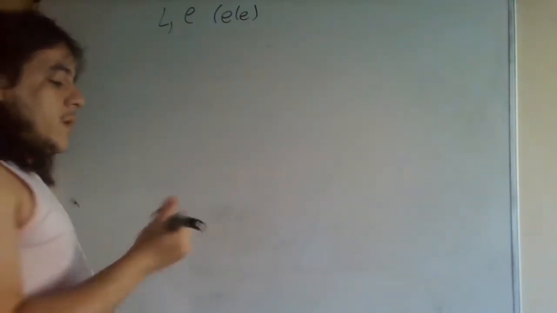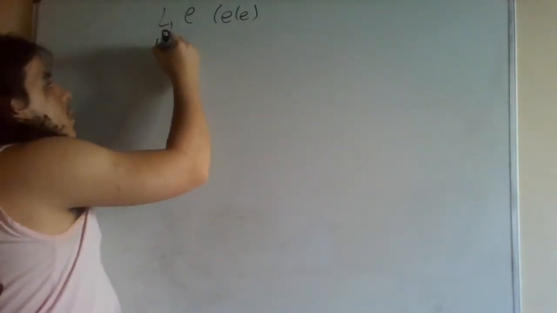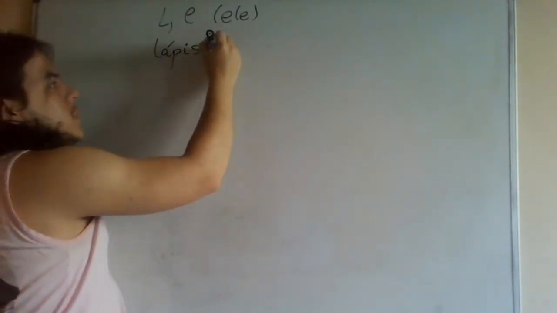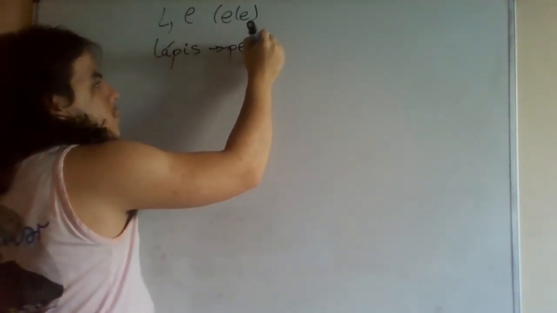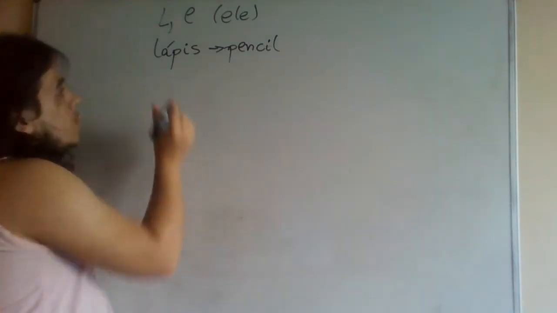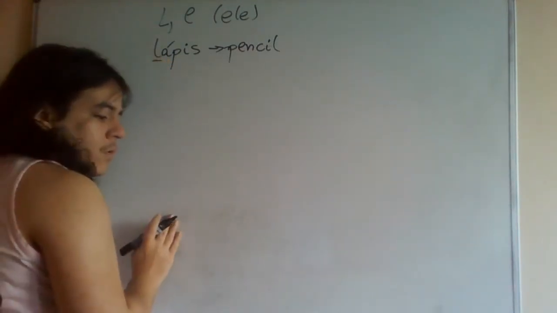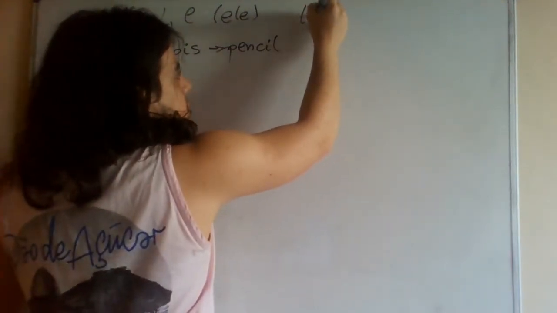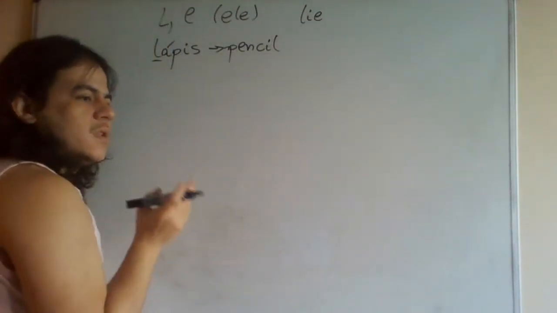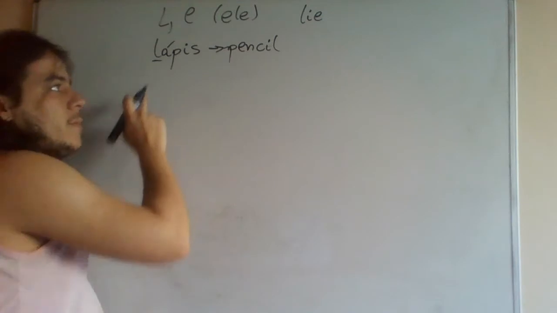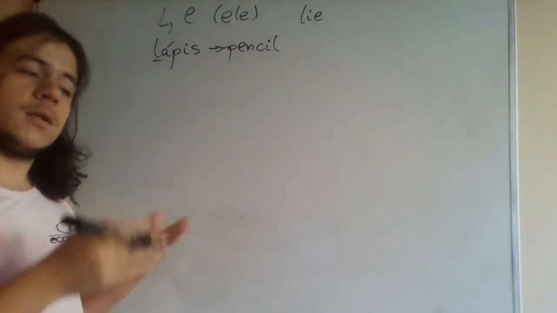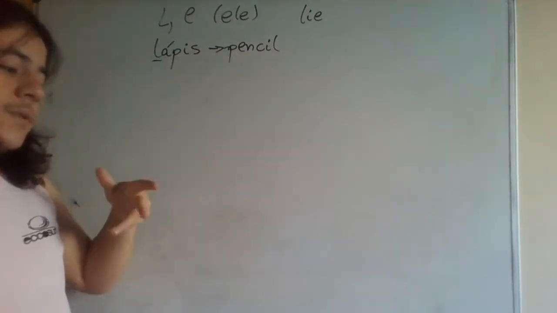For example, at the beginning of a syllable, lápis, it means pencil. So here we have letter L with a similar sound as the letter L in lie, for example. It's a very similar sound compared to the English, lie, lápis.